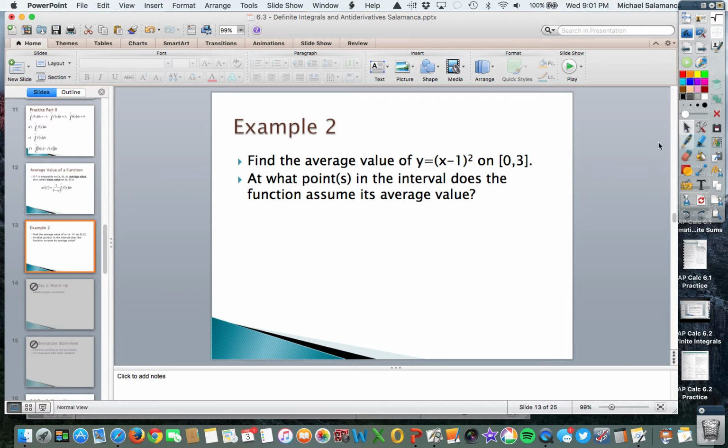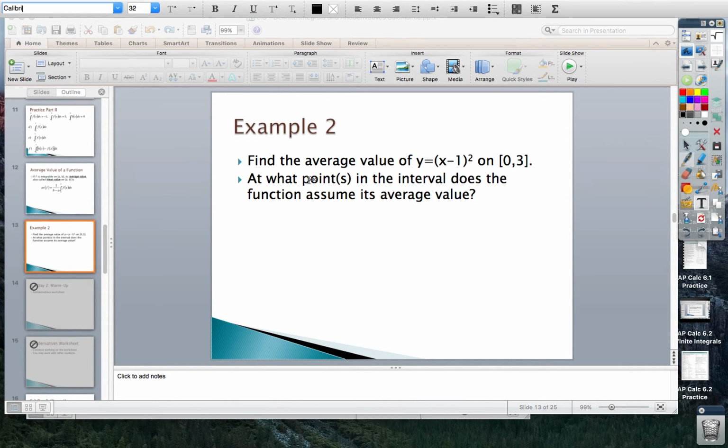So based on the formula that we were given on the last page, it is basically 1 divided by b minus a times the integral of x minus 1 quantity squared from 0 to 3.